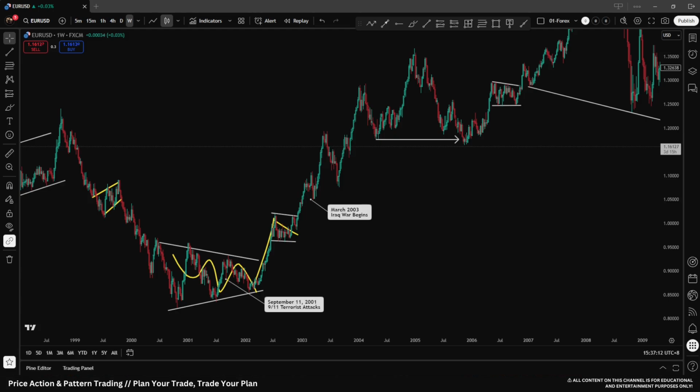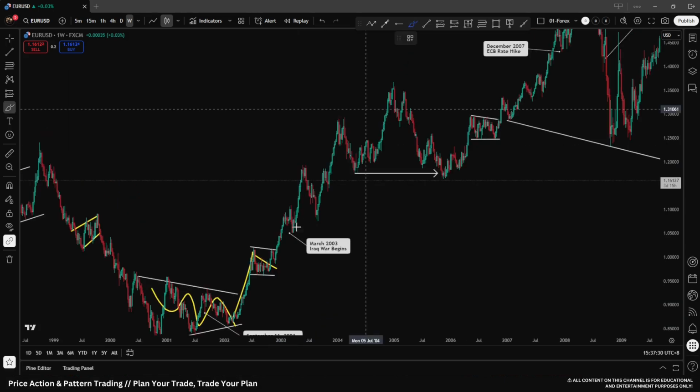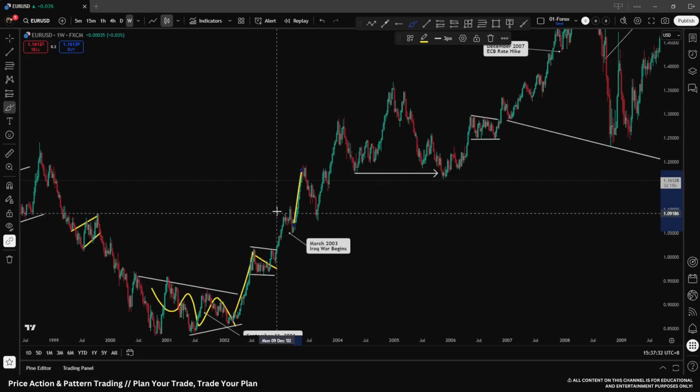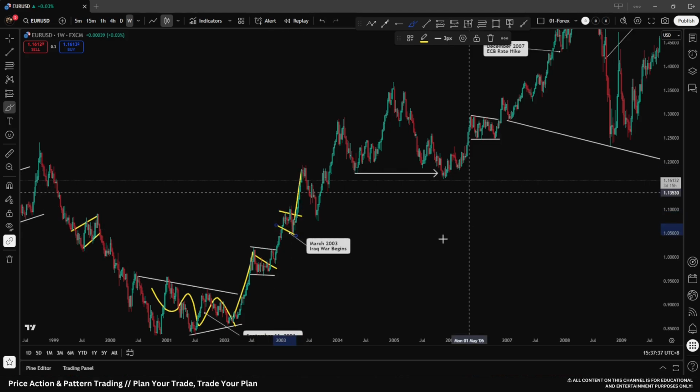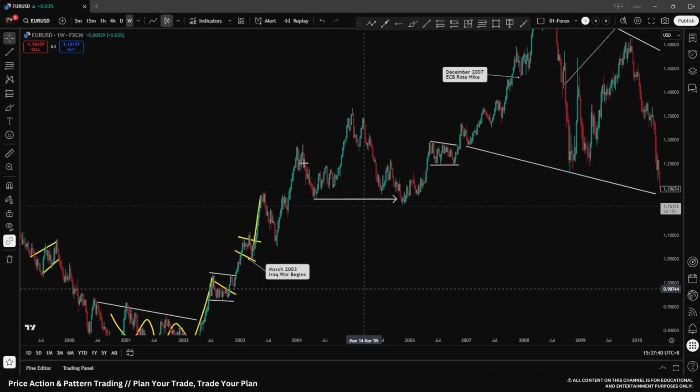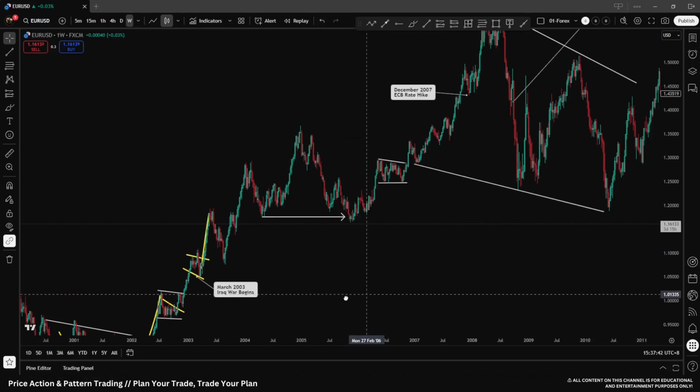And with the start of a war, which is a very big uncertainty, the overall speculation was on the side of a weakening of the US dollar. So that's why the euro continued further to the upside. And this pattern here became a continuation pattern and not a reversal pattern. Then this goes on for quite some time. Then we have standard behavior.